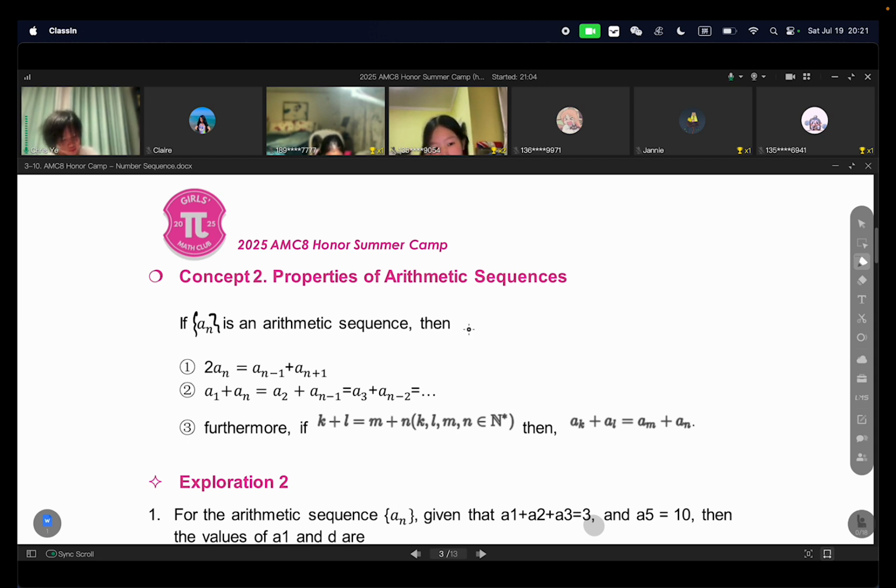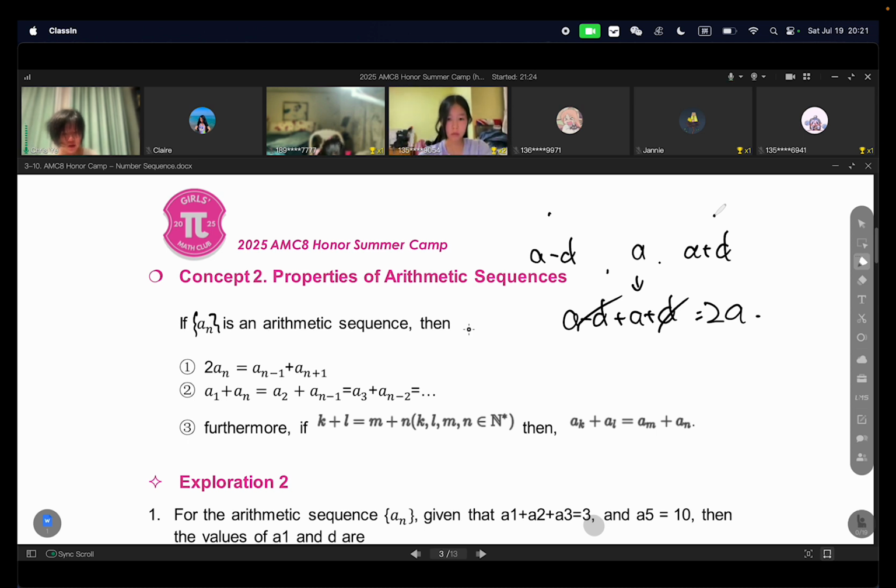So let's say we have a, a plus d, and a minus d. Then 2a is just going to be a minus d plus a plus d, right? You cancel it out. Then 2a is going to be 2a. So these two added together is going to be 2 times the term in the middle.